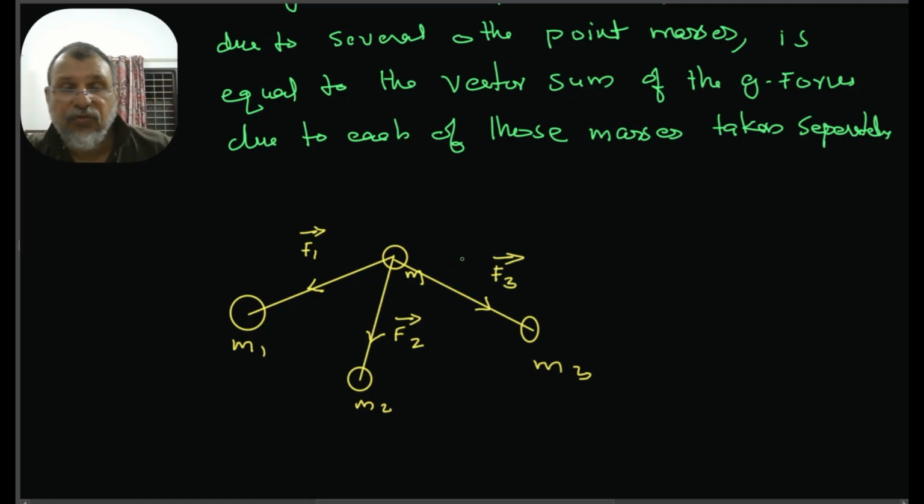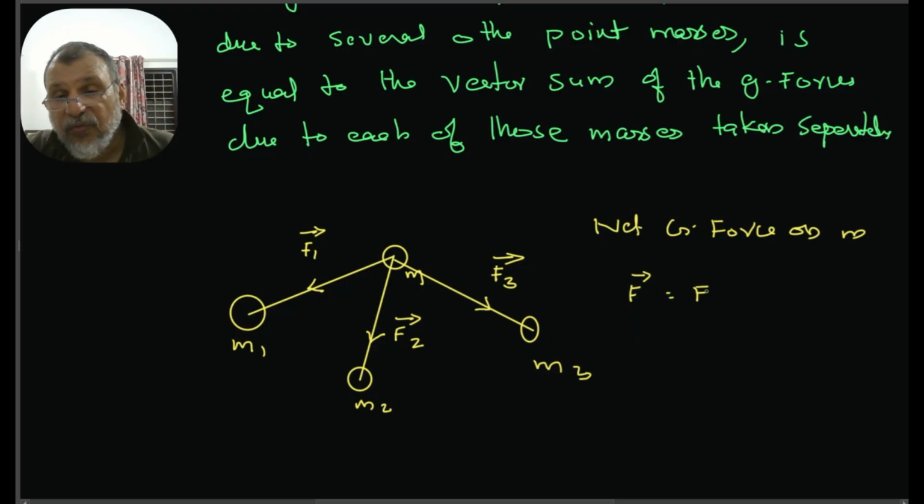In this case, the net force on M is very simple, nothing complicated in here. Net gravitational force on M, let's call it vector F, equals vector F1 plus vector F2 plus vector F3.